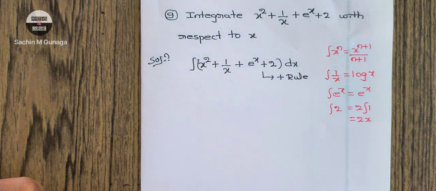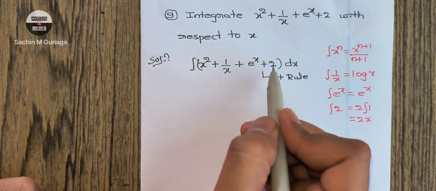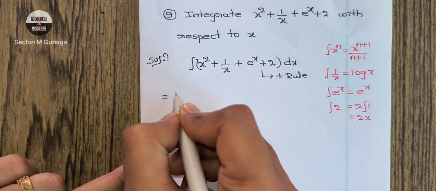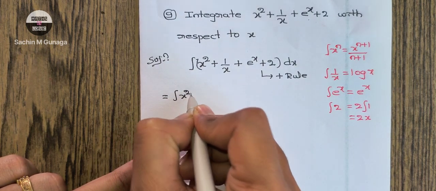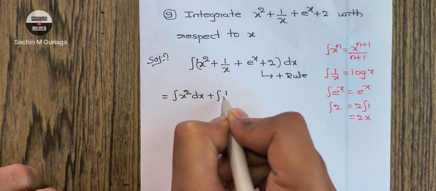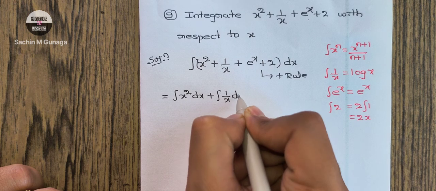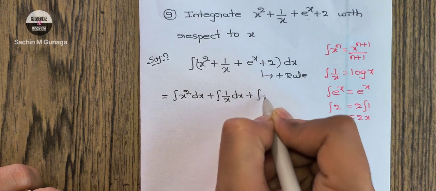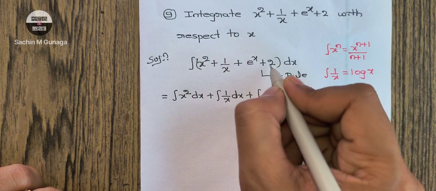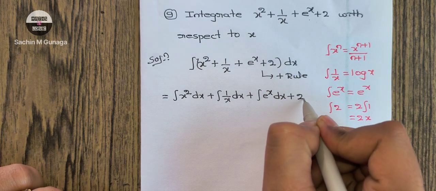What is the plus rule in integration? Every term we need to integrate. So that is equal to integration of x squared dx plus integration of 1 divided by x dx plus integration of e power x dx, and 2 is the constant term, I am going to take it outside.